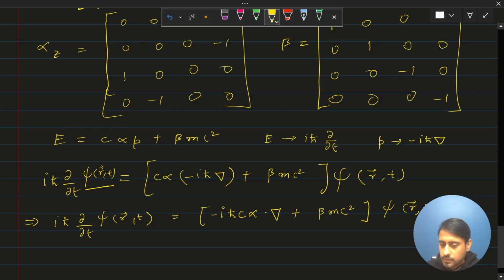Okay, so what we are going to do is we will be multiplying, let's call this first equation number 1.